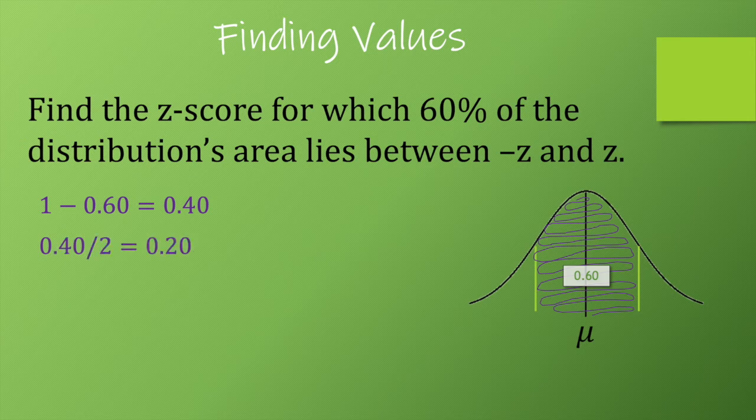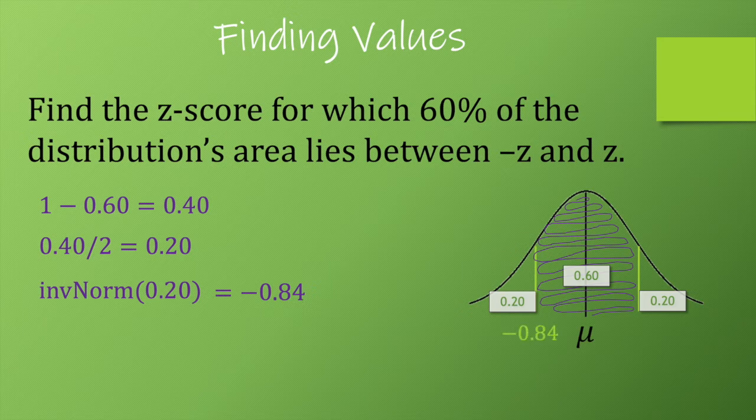So we can divide that by 2, and we get 20 on the bottom and 20 on the top. Now we can use that. Inverse norm 0.20 gives us negative 0.84. The positive of that would be the positive z-value. So we can just say z equals plus or minus 0.84.